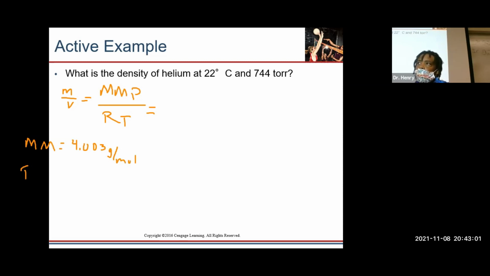R, what is R? atm liters divided by moles Kelvin.